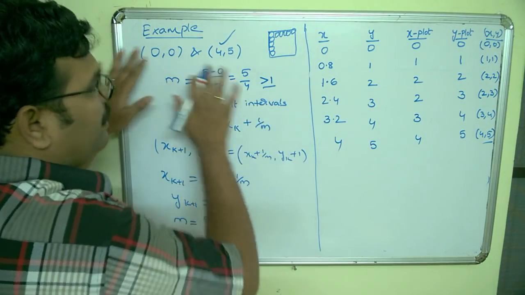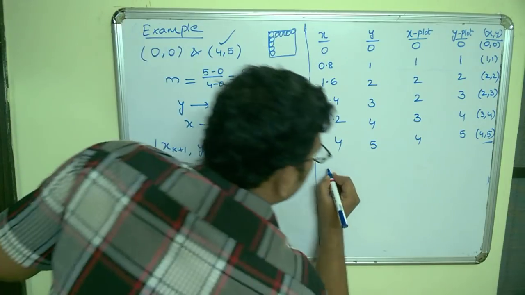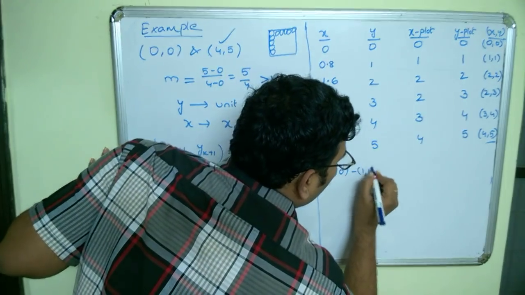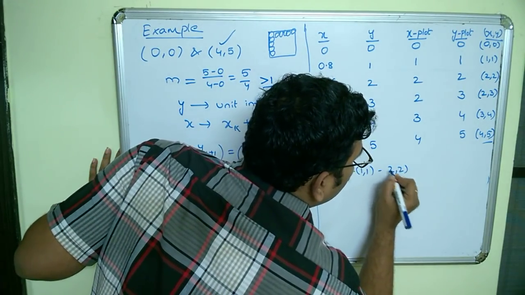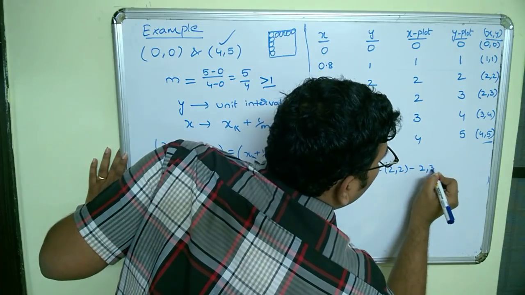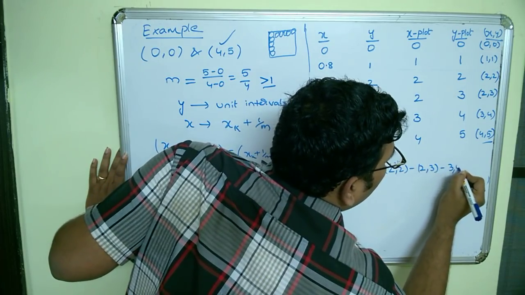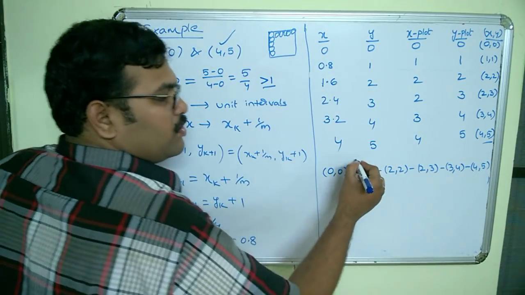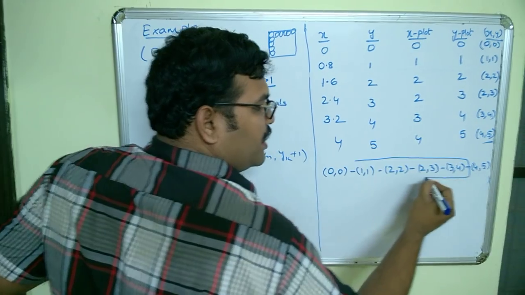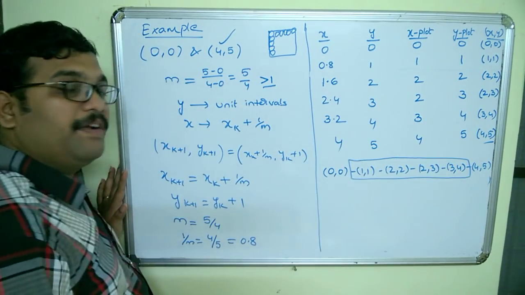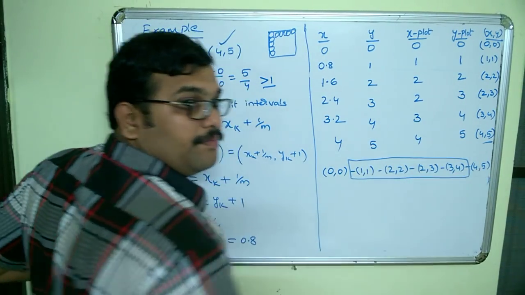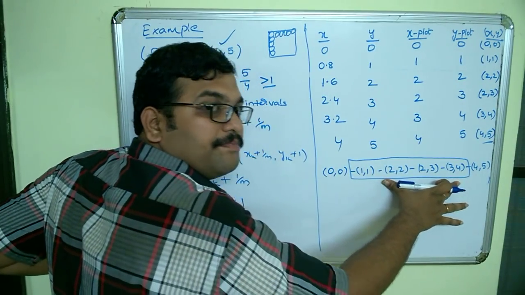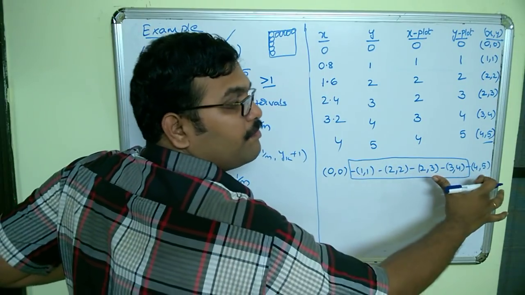So the points of the line are 0, 0, 1, 1, 2, 2, 2, 3, 3, 4, 4, 5. These are the intermediate points in between 0, 0 and 4, 5.